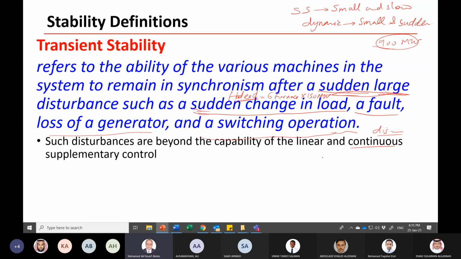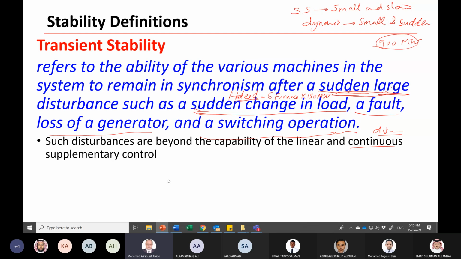And if you still remember, we pointed out before, if you have frequency increasing, you may need a dummy load or braking resistor, and these braking resistors are switched on and off in a discrete fashion.